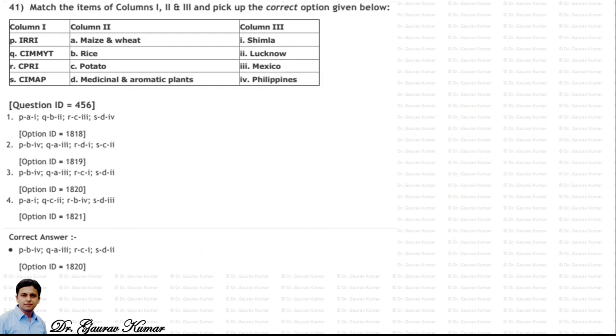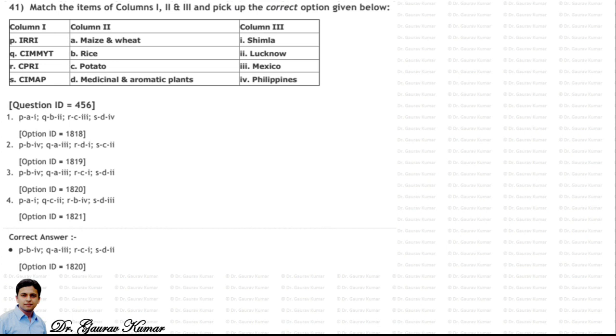Okay, next question, match the items of column 1, 2 and 3 and pick up the correct option given below. So in column 1, they have given the short forms of various institutes. In column 2 they have given what those institutes are specialized for, or what organisms or plants specifically they are working on, and column 3 is where they are situated.